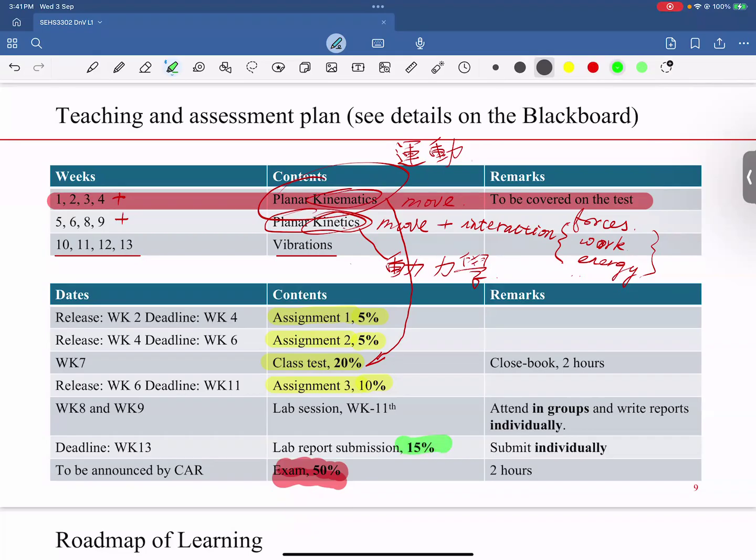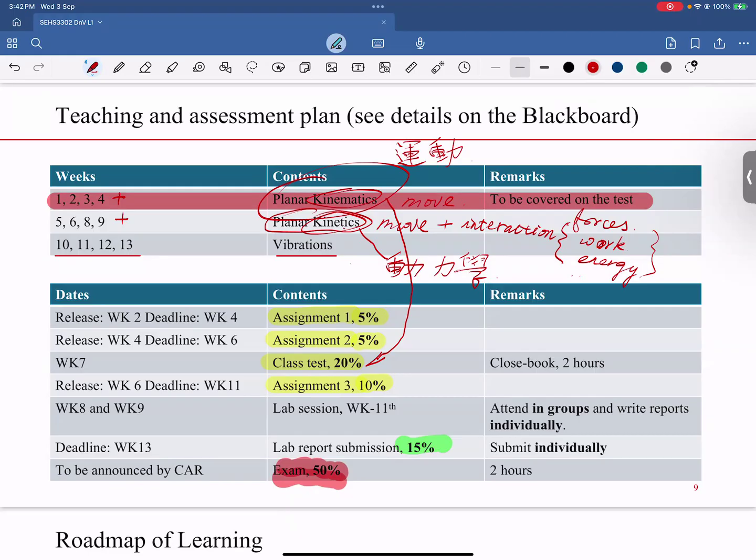Lab report, you will have a laboratory session in vibration. And that session is 30 minutes. Okay. And there will be a 5 people group. Okay. And you will have this session group by group. And before week 4, I will give you the timetable.